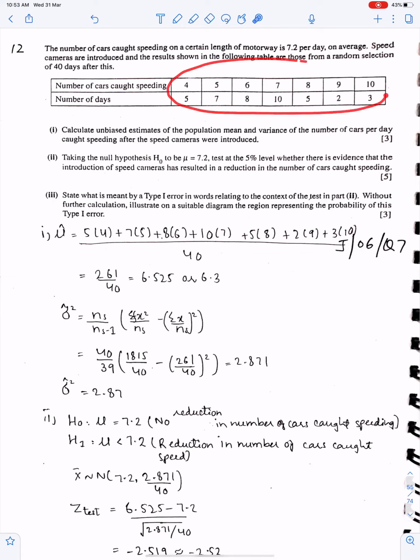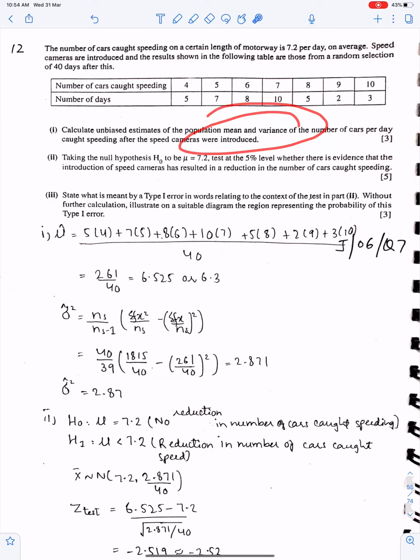Question 12. This is the frequency distribution. Make sure you use this formula for the unbiased estimate of the mean and this formula for the unbiased variance, population variance.